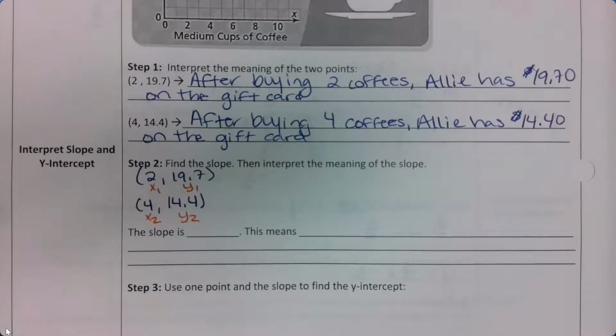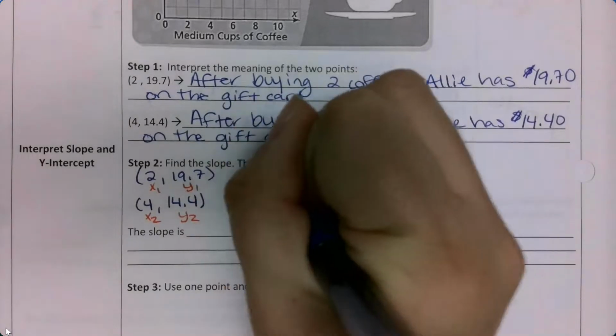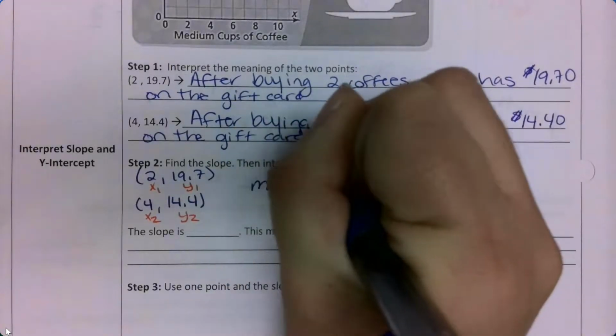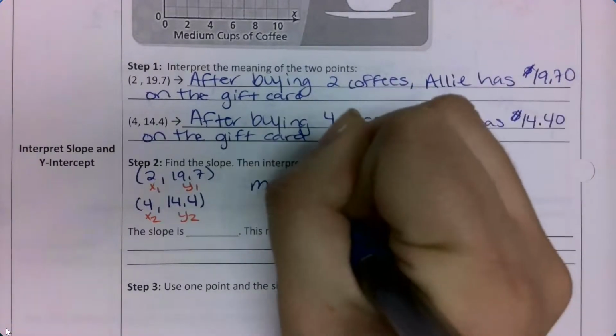Make sure you're copying the stuff I just wrote. So then I'm going to plug into my slope formula. I'm going to have 14.4 minus 19.7 over 4 minus 2.